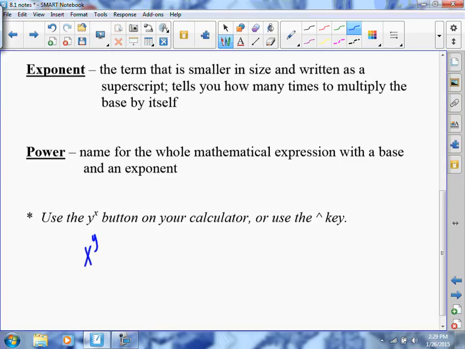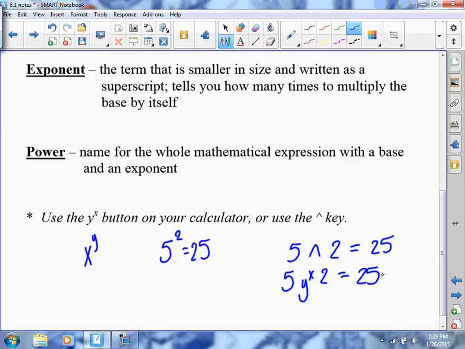If you were going to do 5 squared equals 25, for example, you'd enter 5, then the caret, then the 2, and hit enter or equals, and you should get 25. Same thing for the y to the x button: 5, then y to the x, then 2.